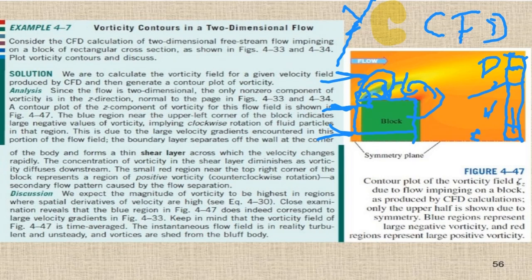So in order to save computer resources, if there is flow around this one, you can just take a symmetry line because you know the top and the bottom are the same. So you can only work with the top side because the bottom is the symmetry. And this will save a lot of computer time, a lot of computer resources like memory and everything. So the same thing happens actually at the symmetry.